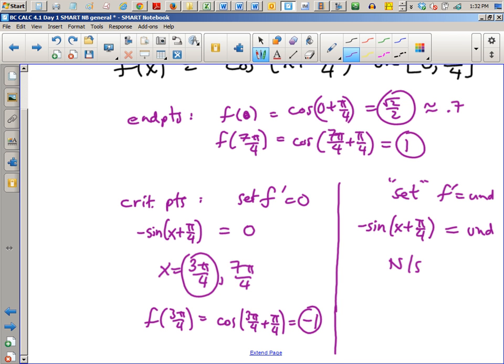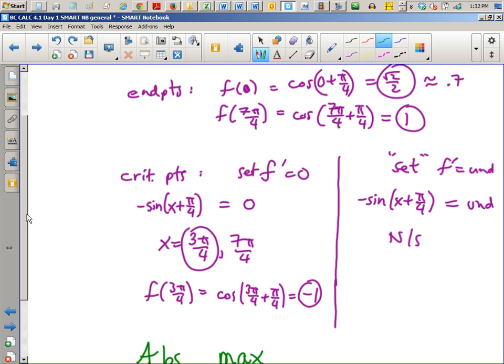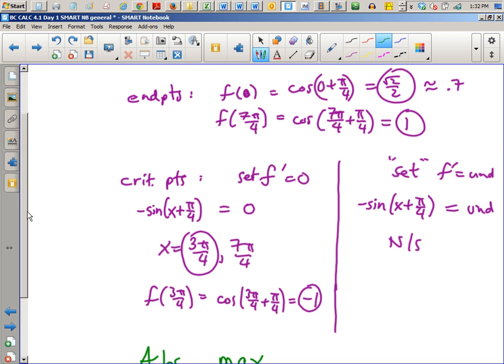We have all the candidates. There's 3 of them. Be careful how you answer the question. Here's the final answer to this problem. We have an absolute max at, and the biggest y-coordinate we found was this guy. He's the biggest y that we ever got. So it is the point 7 pi over 4, 1. That is the absolute max.